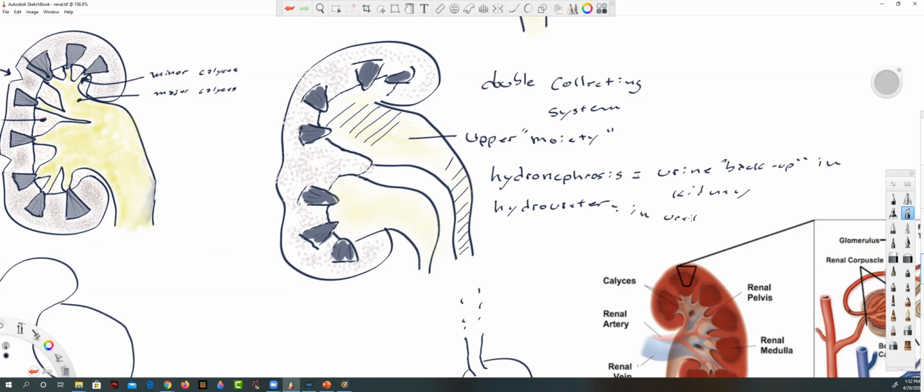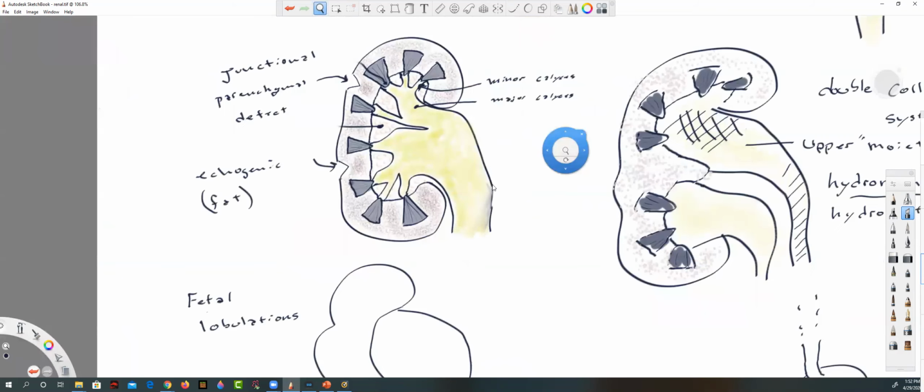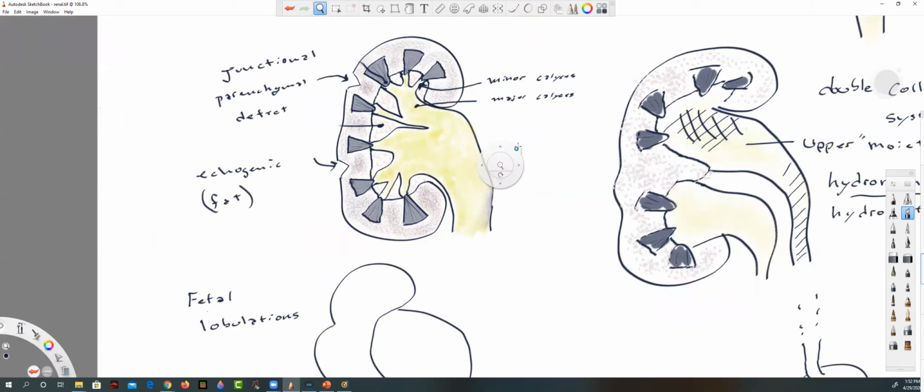in the ureter, obviously. So hydronephrosis refers to fluid up here. Hydroureter refers to fluid down here. Usually, if you have hydroureter, you have hydronephrosis too. But if you have hydronephrosis, you don't necessarily have hydroureter, because so often hydronephrosis, well, and this is a double collecting system, that's an exception. Hydronephrosis so often occurs because of a kink, or maybe even a stone, a kidney stone, kind of right here.